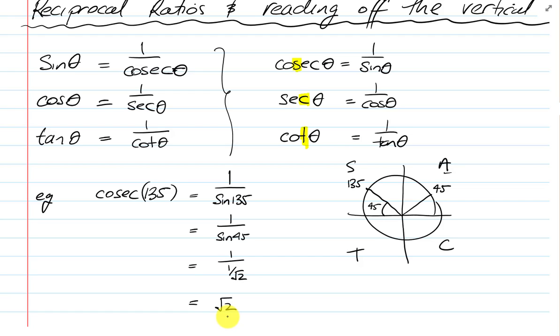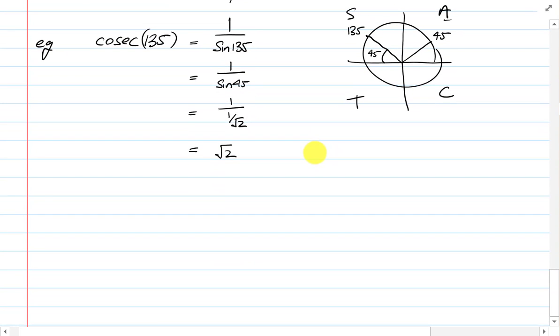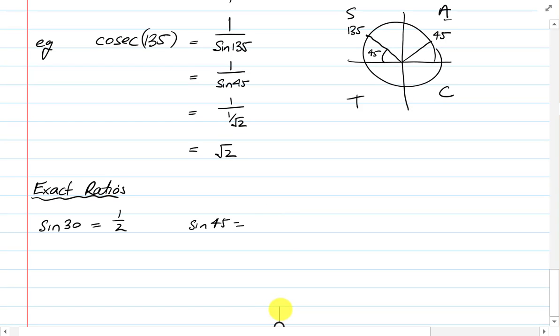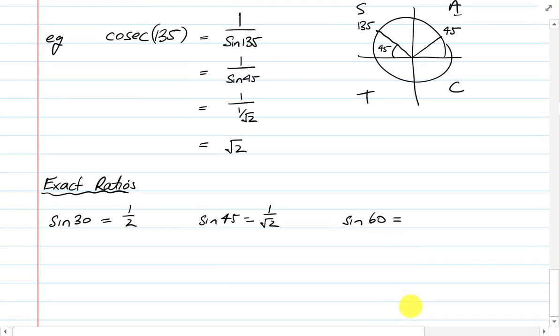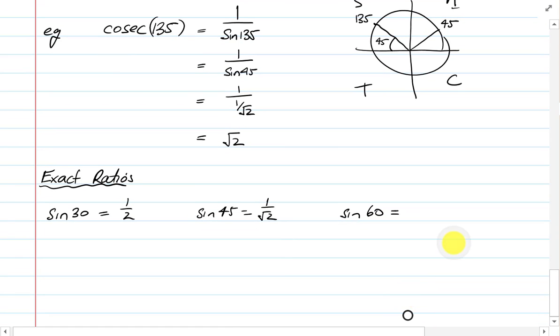So I'm just going to scoot down now, not hiding everything, but I'll just go to here. So in terms of our exact ratios, sine, you remember, sine of 30 was equal to 1 over 2, and sine of 45 was equal to 1 over root 2, and then sine of 60 was equal to root 3 over 2, and so if you reciprocate those, you'll get the equivalent, but for cosec.